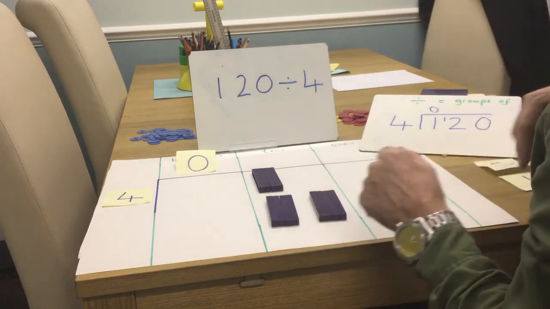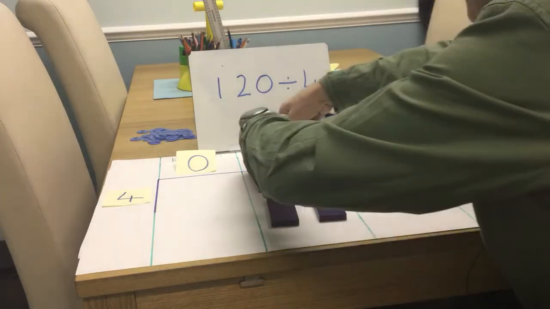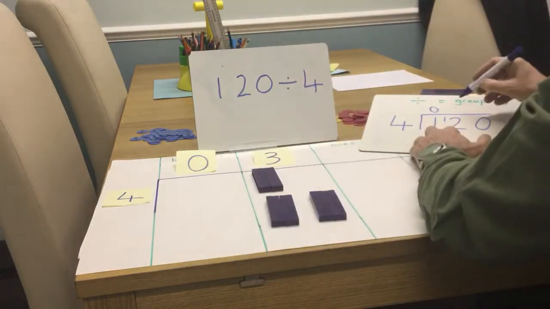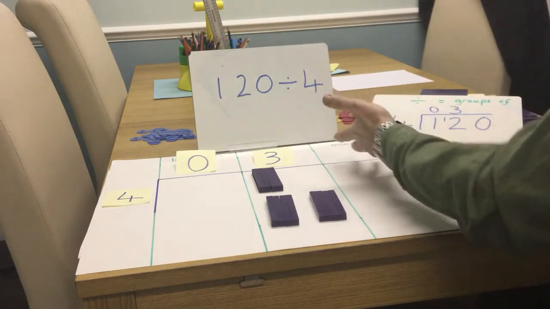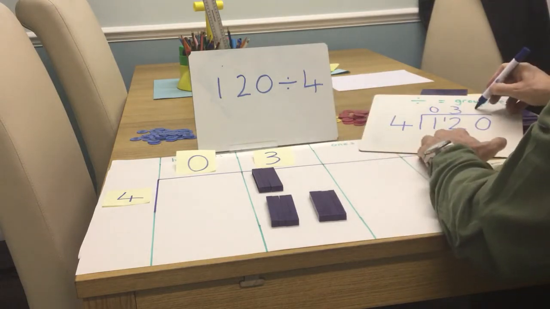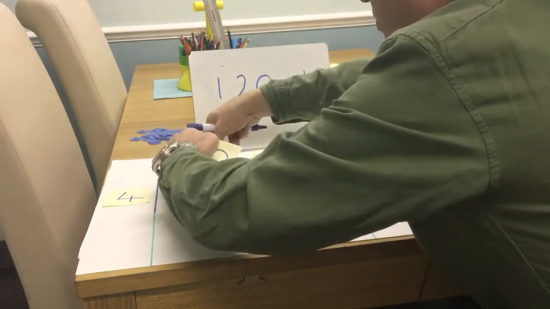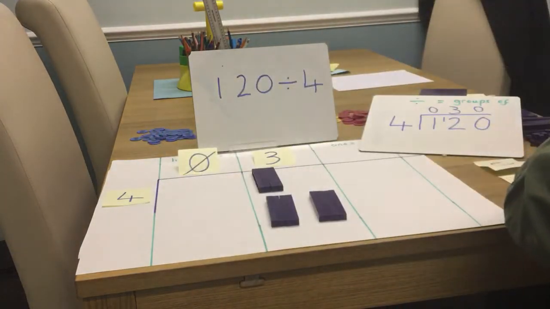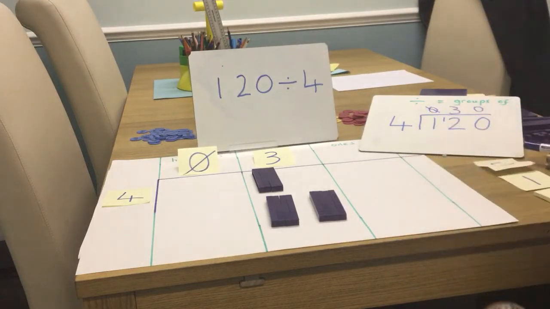Oh, that's worked out perfectly. So we have 3 groups of 4 tens. We've got nothing in the units column, so we have to put a 0 there. And just to finish off, we cross that out from our answer because we don't need it. And the answer to the first question is 30.